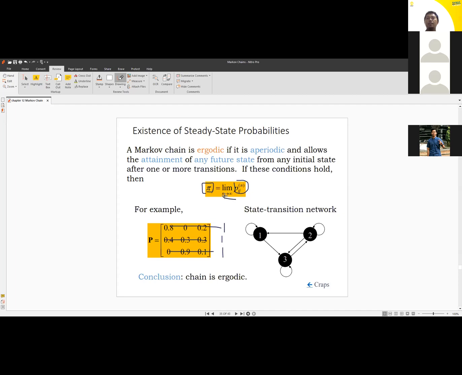The limit n means the change over time, the duration of the discrete time, how many transitions, how many steps. Here you can see the limit of the probability matrix powered by n should be constant.